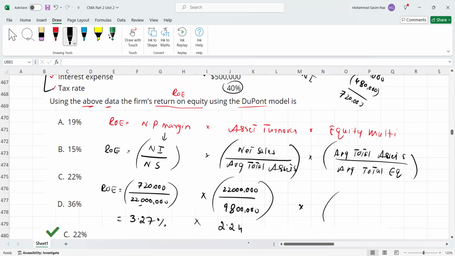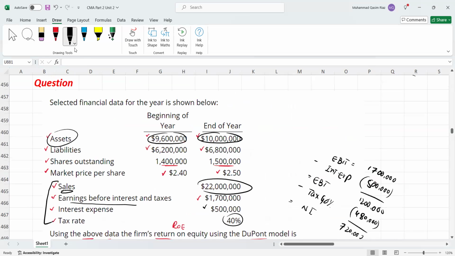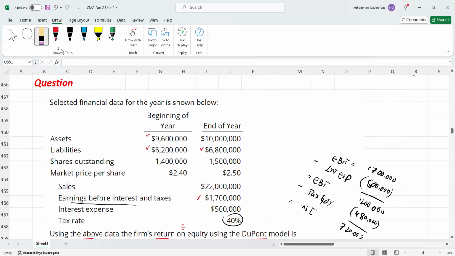Now we can solve the third one also. The third one is what? Average total assets, 9.8 million. Now you have to find average total equity. Let's go back to the question. If you go through the whole question, you will not find where average total equity is given. It's not given. You have to find out equity. So guys, do you know how you can find equity? We apply the equation: assets minus liabilities equals equity.